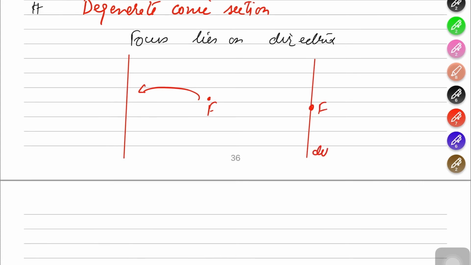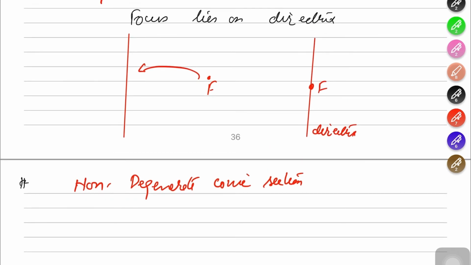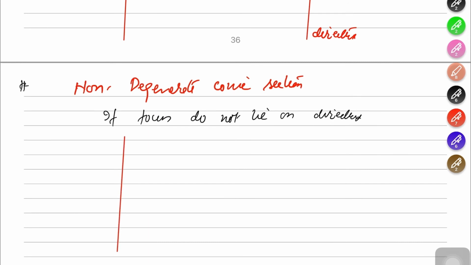In this case we will get a degenerate conic section, whereas a non-degenerate conic section is obtained if the focus does not lie on the directrix. So if this is the directrix and this is the focus, which does not lie on the directrix, then we get a non-degenerate conic section.